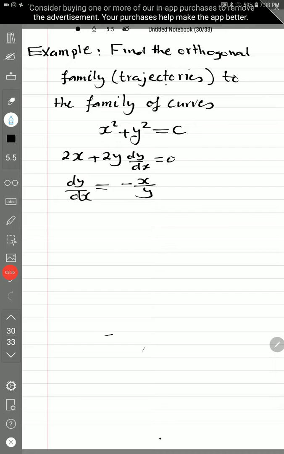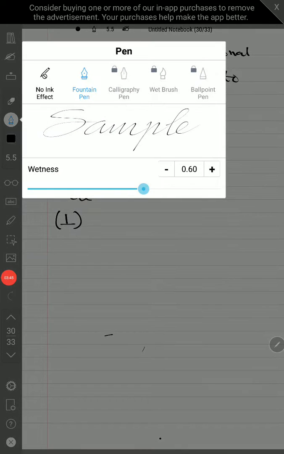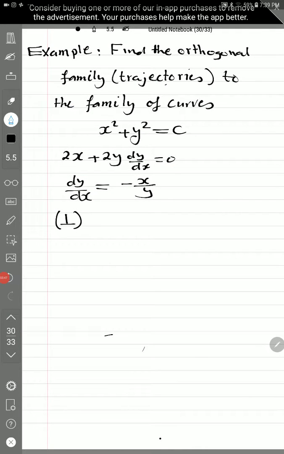Now, when you want to find the orthogonal, use this notation and just write dy over dx equals y over x. So if you see, this is m1 and this is m2. The product of them will be equal to minus 1.